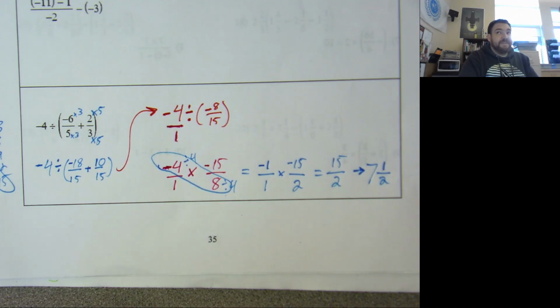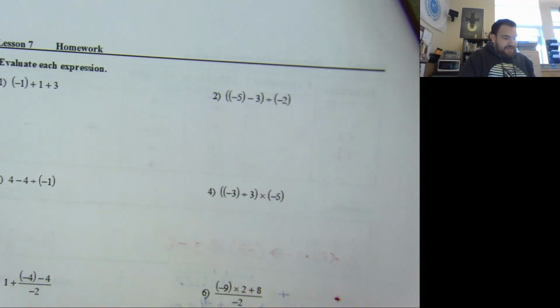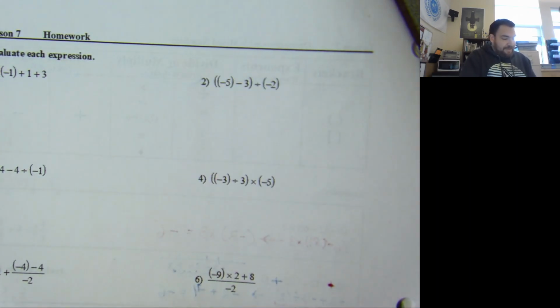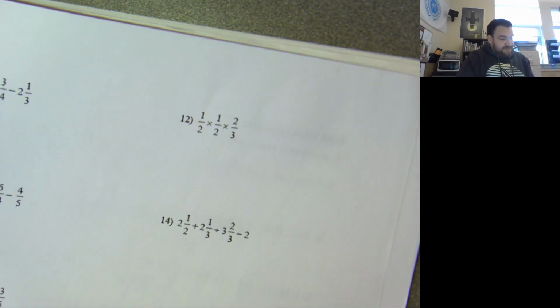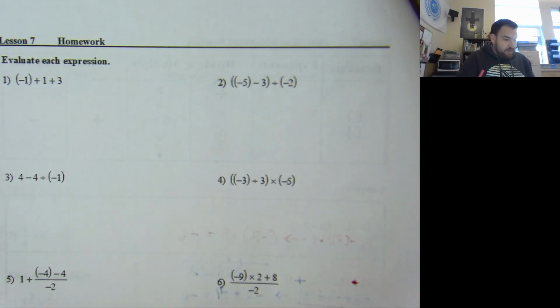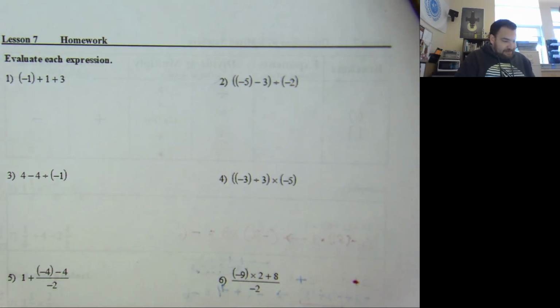Okay. If there's no questions, then there's a half hour left. Here's what I want you to do. I would like you to take a look at these questions that are on this page and the subsequent page. So there's 20 questions there. Which ones do I want you to start with?